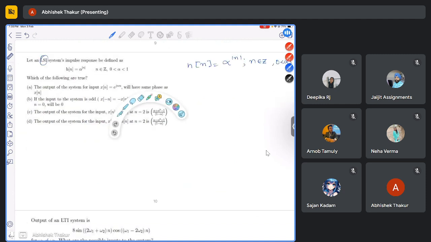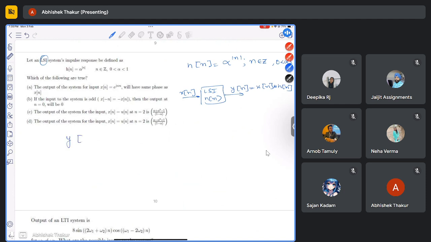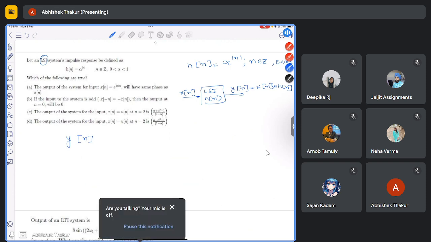And what will be the output of the system? Let's suppose linear shift invariant is the system, and if we give input x of n, what will be the output y of n? y of n is equal to x of n convolution h of n.